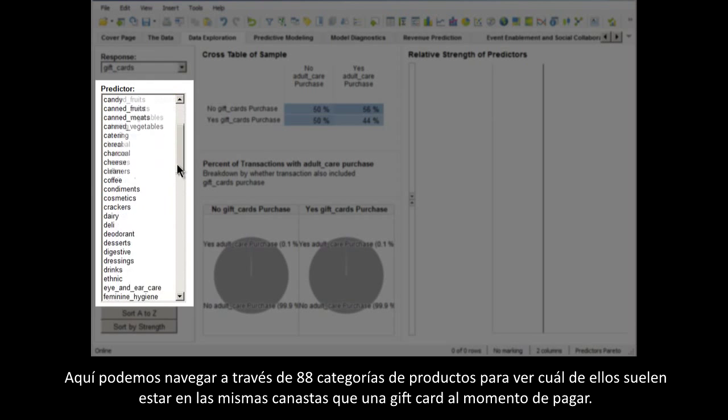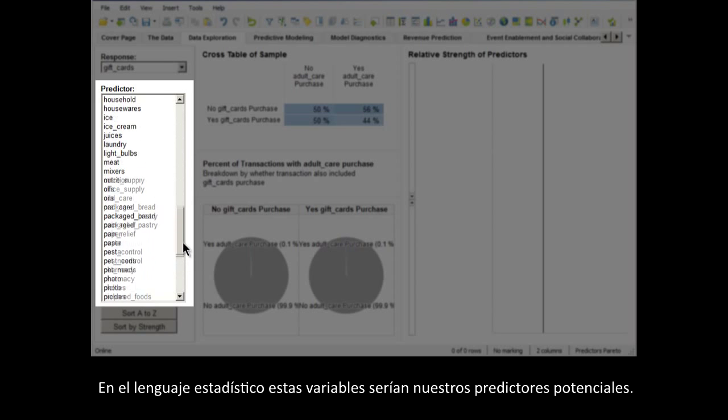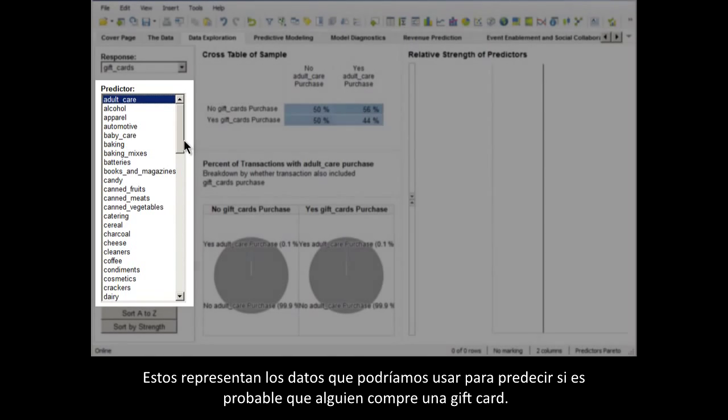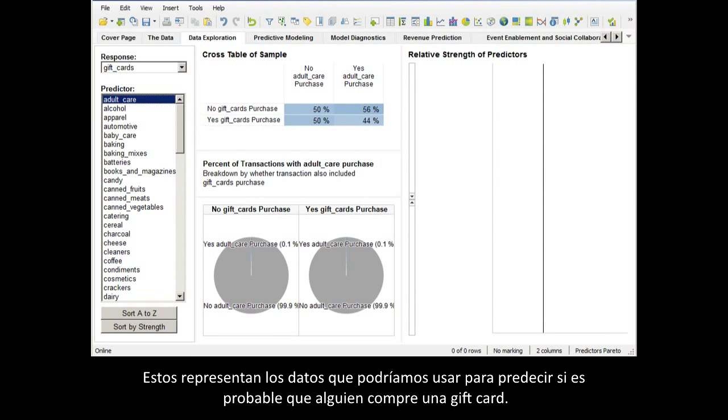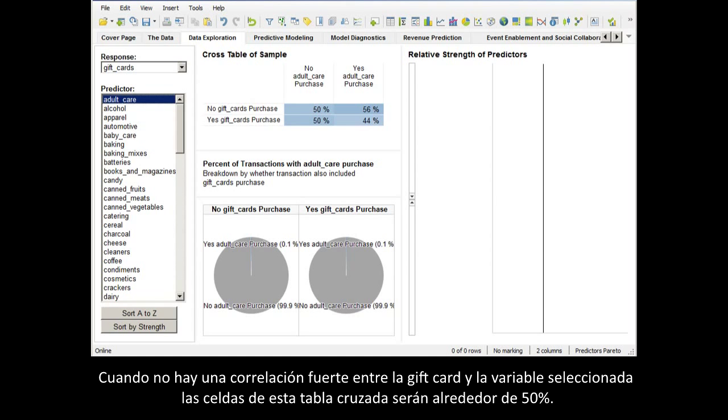Here, we can browse through the 88 product categories to see which of them are often in the same basket as a gift card at the checkout. In the language of statistics, these are our potential predictor variables. These represent the data that we might use to predict whether someone is likely to purchase a gift card. When there is no strong correlation between gift cards and the selected predictor, all cells in this cross table will be about 50%.